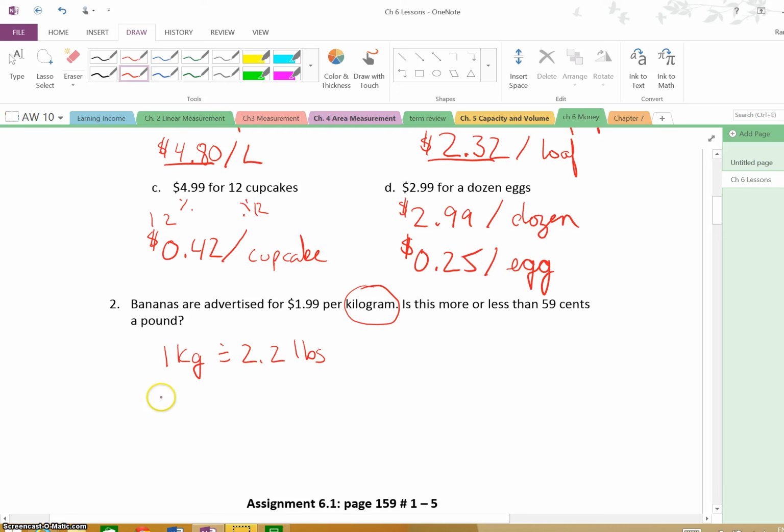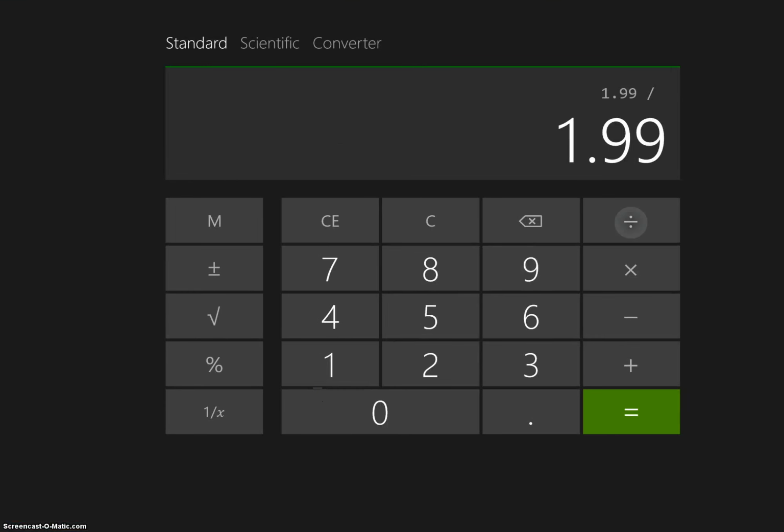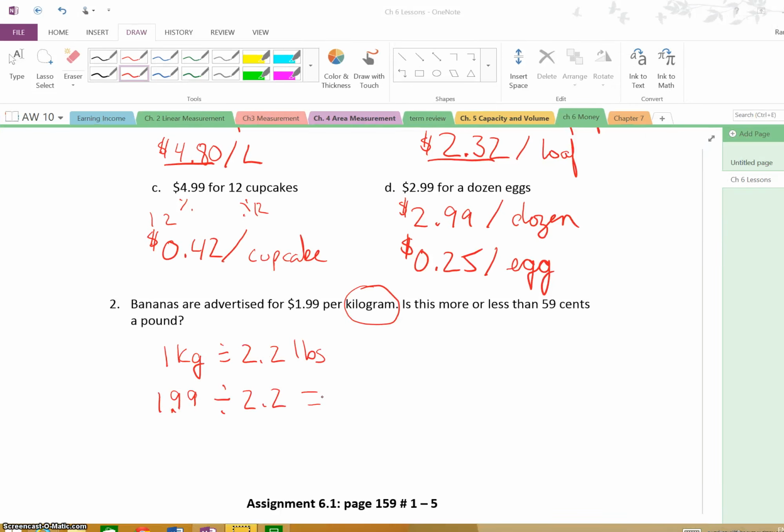So I'm going to take $1.99 divided by 2.2. So that is 90 cents per pound. So the answer would be more.